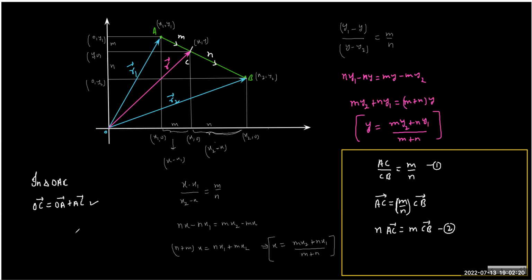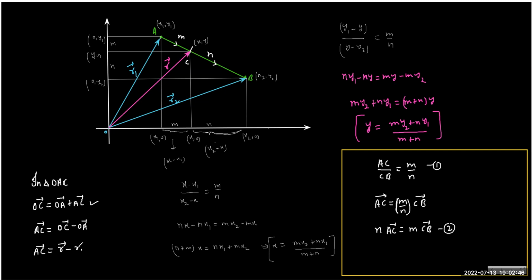But what are we looking for? We are looking for AC, right? So from triangle law, we got this relation. Then what is AC? OC minus OA. Do we have the better representation of OC and OA? Yes. What is OC?